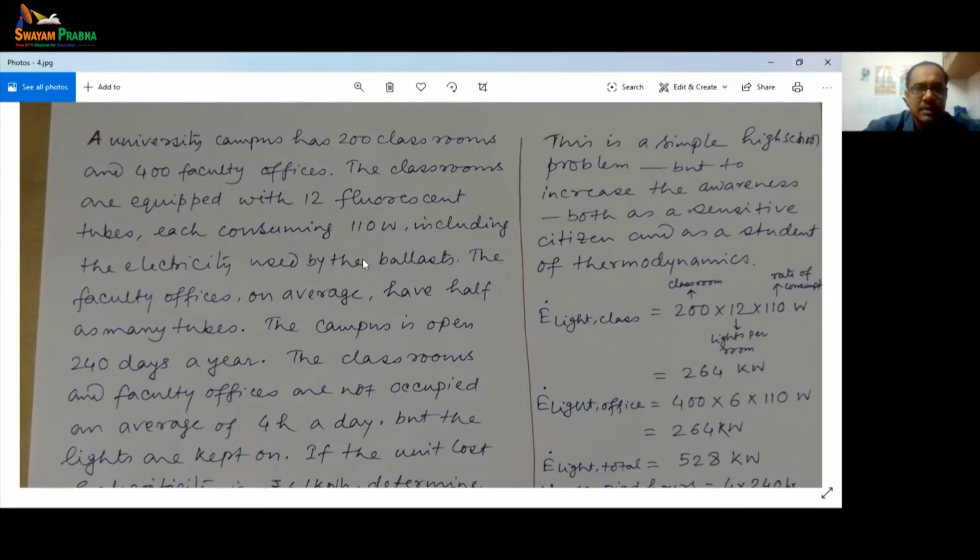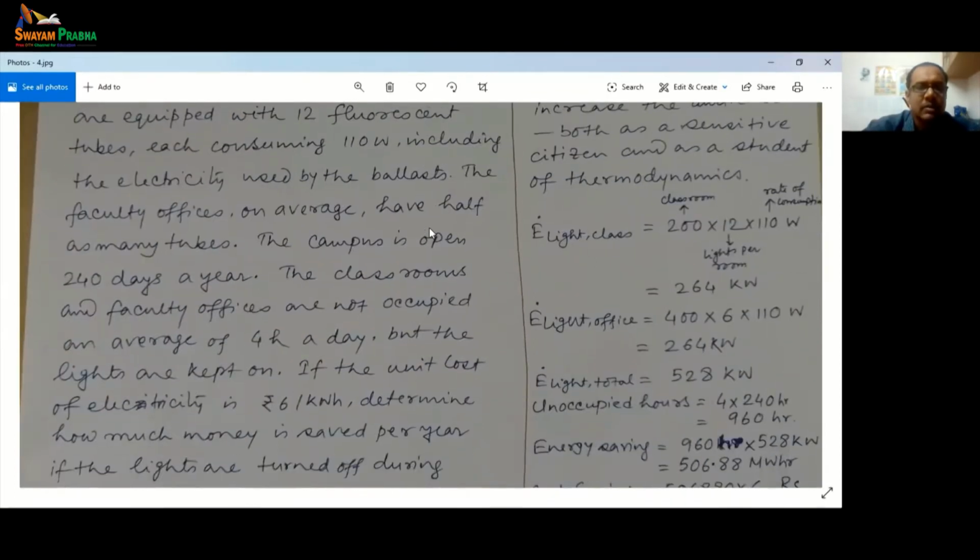Nowadays ballasts are not much used, but earlier they were used to stabilize the voltage and current for the fluorescent tubes. You can just ignore that part of the information. Basically, each tube is consuming 110 watt.